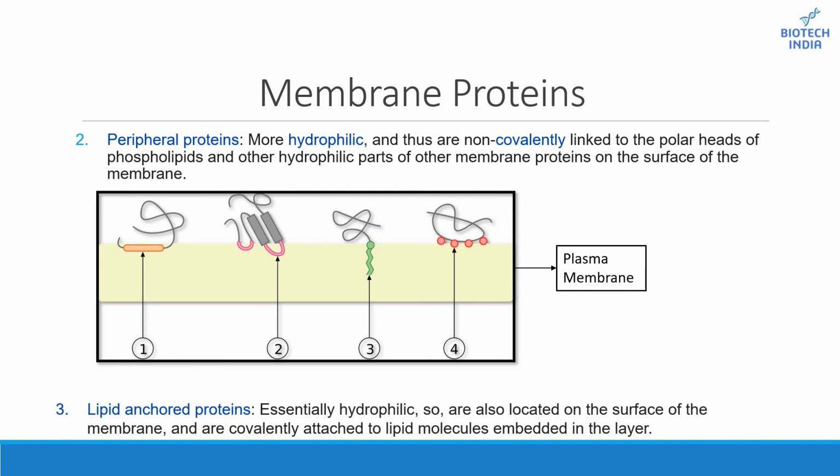These are often associated with ion channels and transmembrane receptors. Another type of proteins are lipid anchored proteins, essentially hydrophilic, so are located on the surface of membrane and are covalently attached to lipid molecules embedded in the layer.